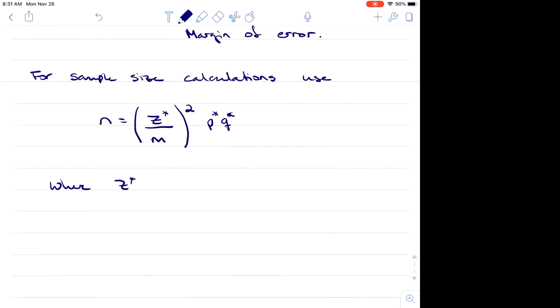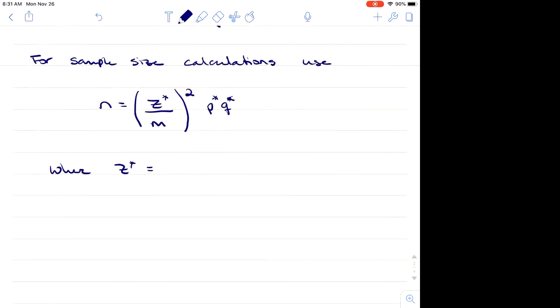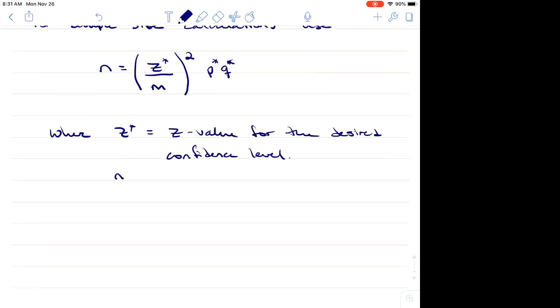I'm just going to outline everything that's on here. Z star is the Z value for the desired confidence level. M is the desired margin of error.